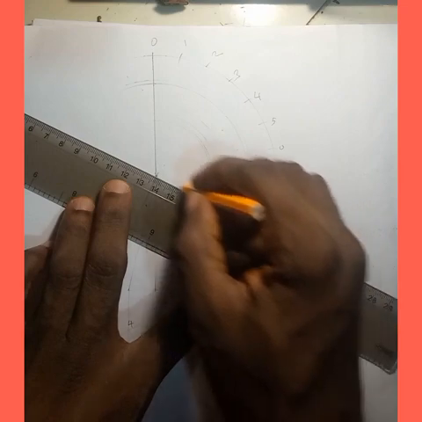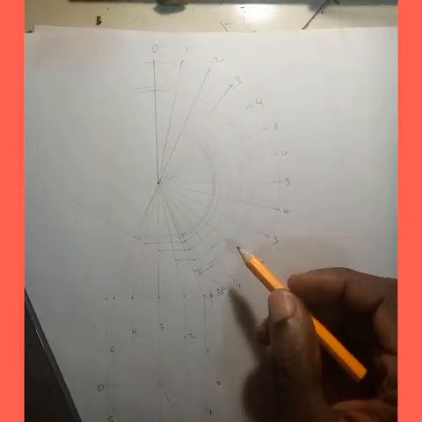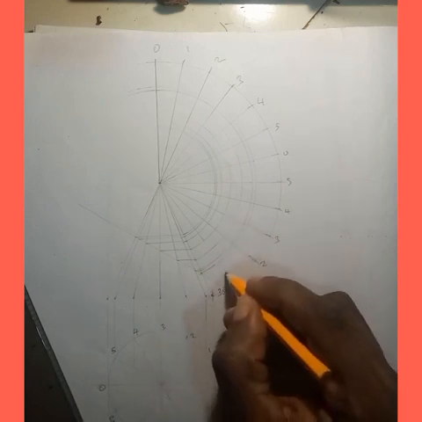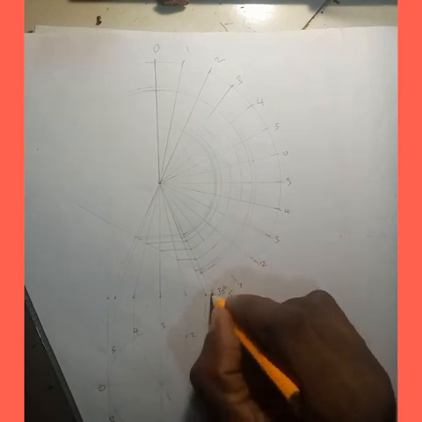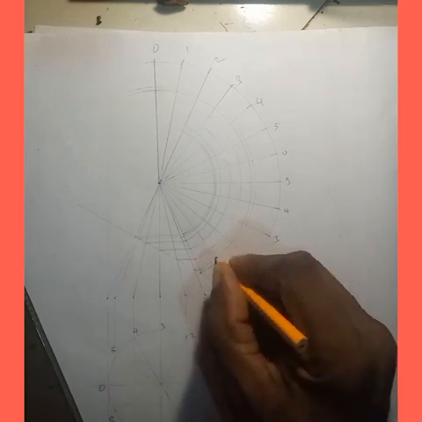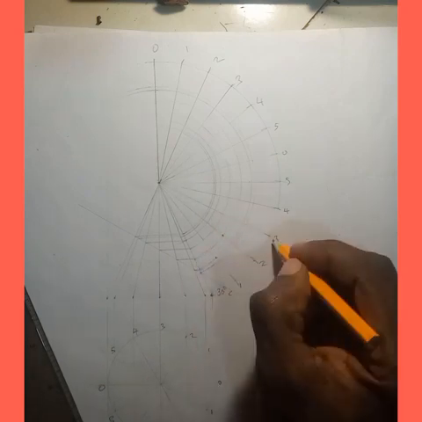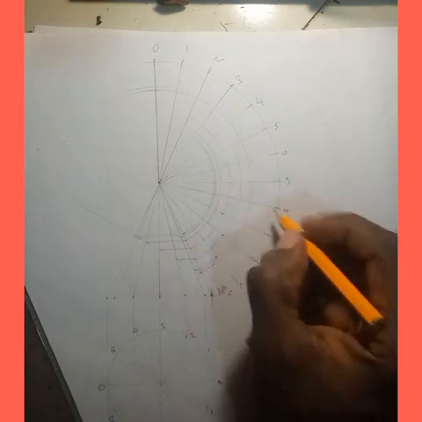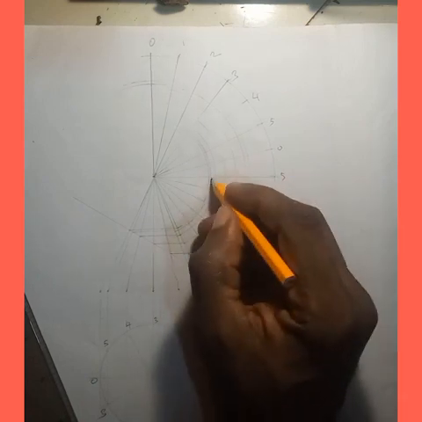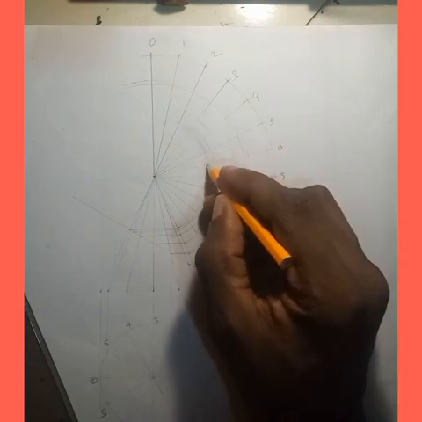After radiating all the lines, you now look for points of intersection. Here 0 is already meeting here. Here we have 1, so 1 is intersecting with 1 here. 2 is intersecting with 2 here. 3 is intersecting with 3 here. 4 and 4 here intersecting. 5 here intersecting with 5. 0 intersecting with 0.